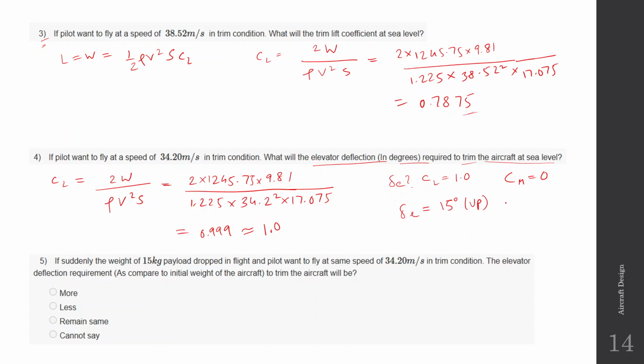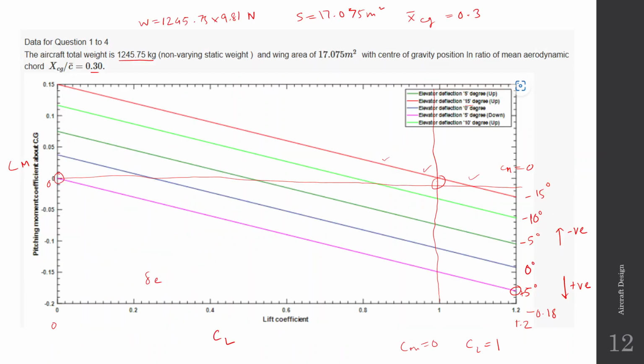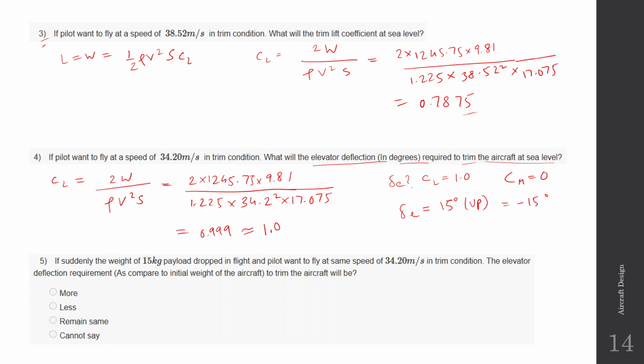So this will correspond to delta E being negative 15-degree. And then we have the fifth question.